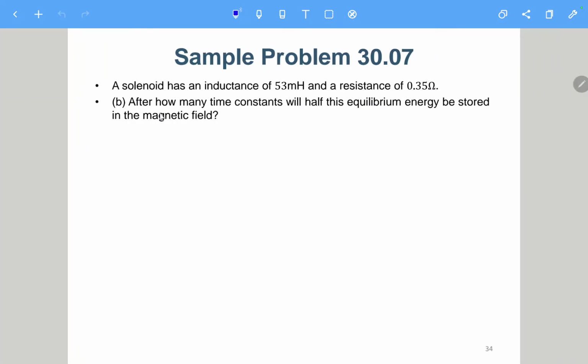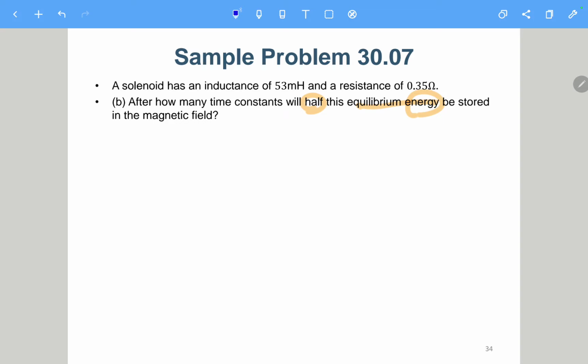And then for the next one: after how many time constants will the energy stored in the magnetic field be half of the equilibrium energy? So we also face this keyword half, but it is a little bit different from the previous case, because now we would like to have half of the equilibrium energy rather than half of the equilibrium current.